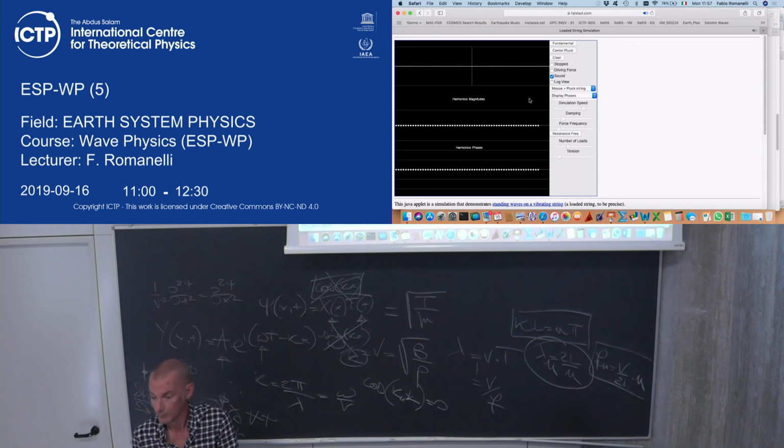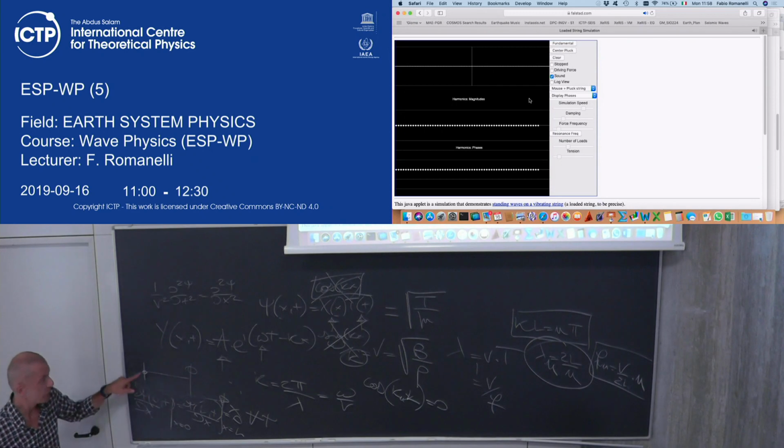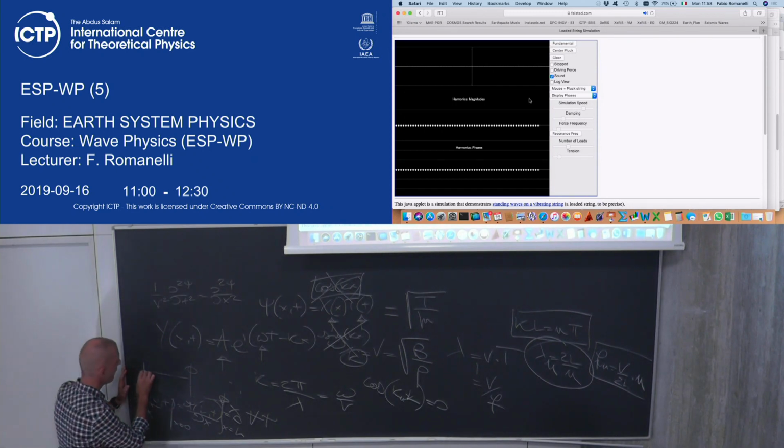In principle, we can. What's going to change now? The boundary condition. Yes, because now displacement has to be 0, and here displacement has to be maximum. If you plot it, it has to be something like that.